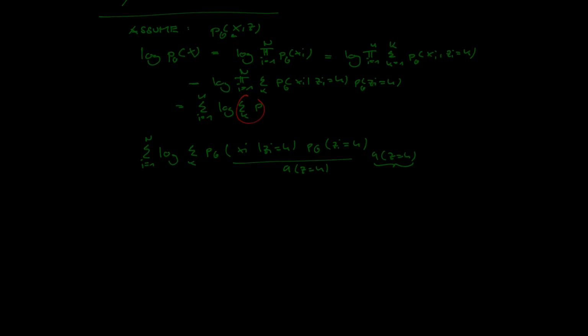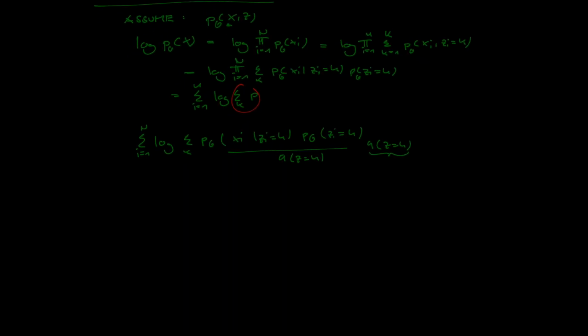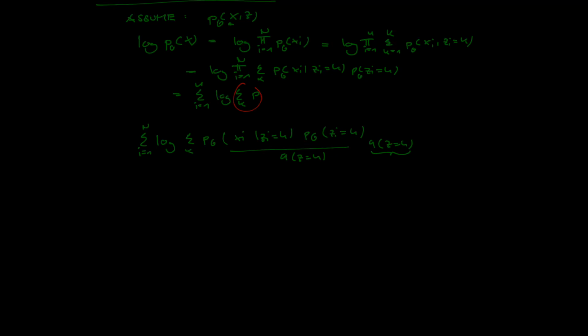This does not really matter for us, but because of this we can apply Jensen's inequality. Then we can take this outside, and we have the condition, since this is a probability distribution, that the sum over every k of q equals 1, right?